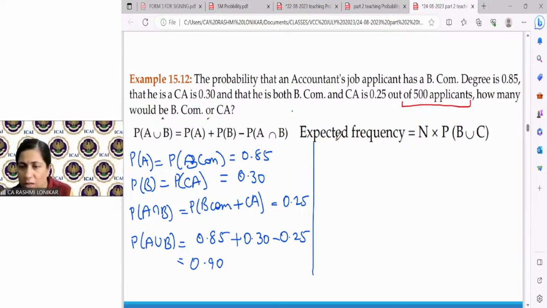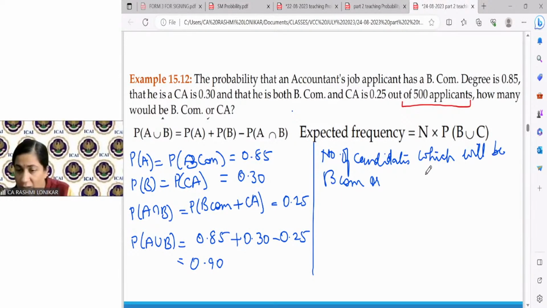So the number of candidates who are BCom or CA will be equal to 0.90 into what is it? 500. What is N?